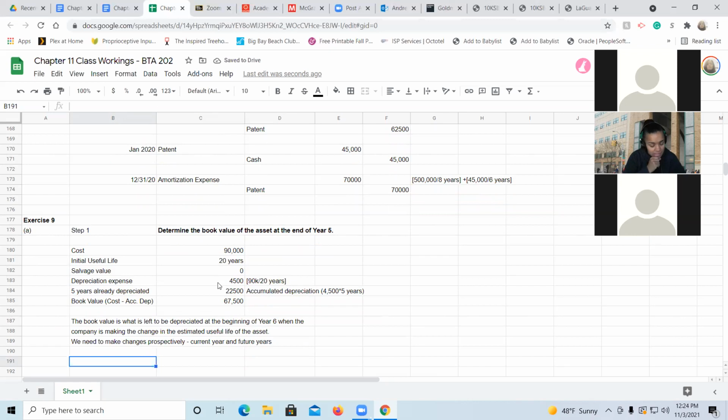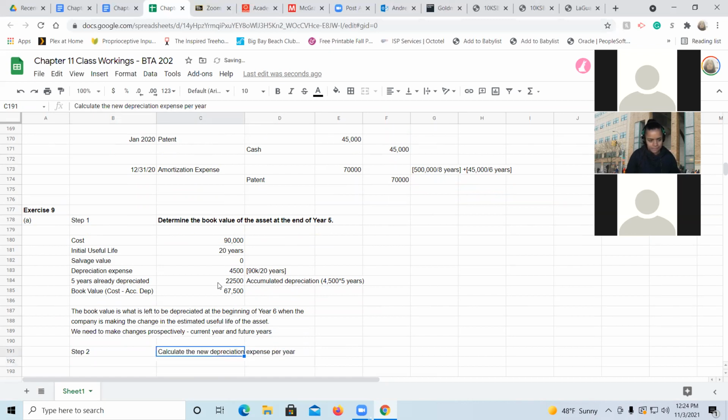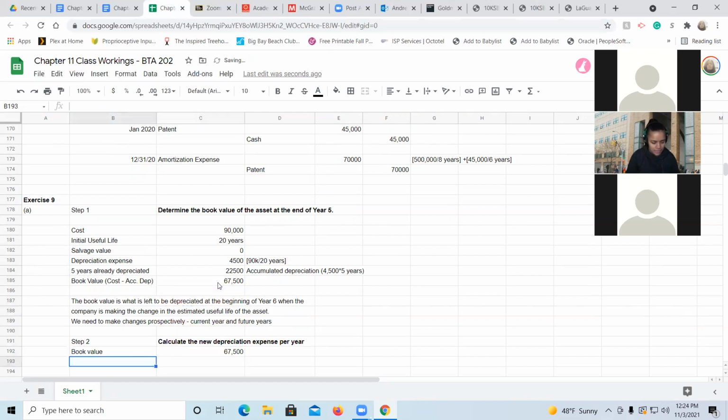So the way you're going to do this now is in step 2, right? You're going to calculate the new depreciation expense per year. You can do this however you want to do it. I find that if you just are very systematic and follow the steps, you should be fine, right? So you go with whatever the book value is, which in this case is 67,500. We just calculated it. And then you look for the remaining useful life, right? So it said an additional 25 years.